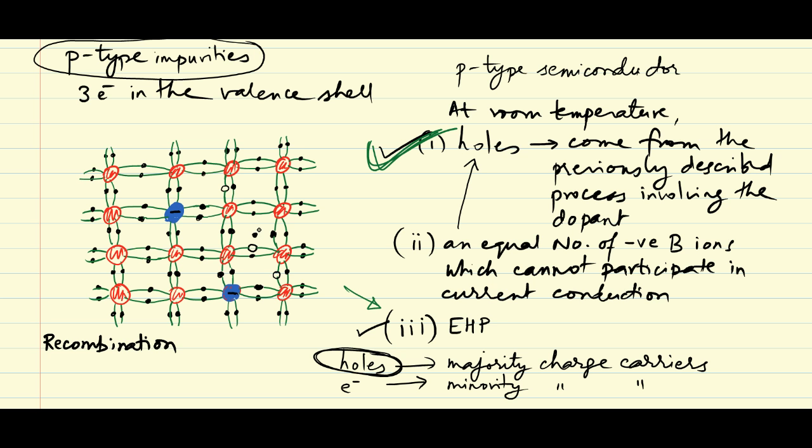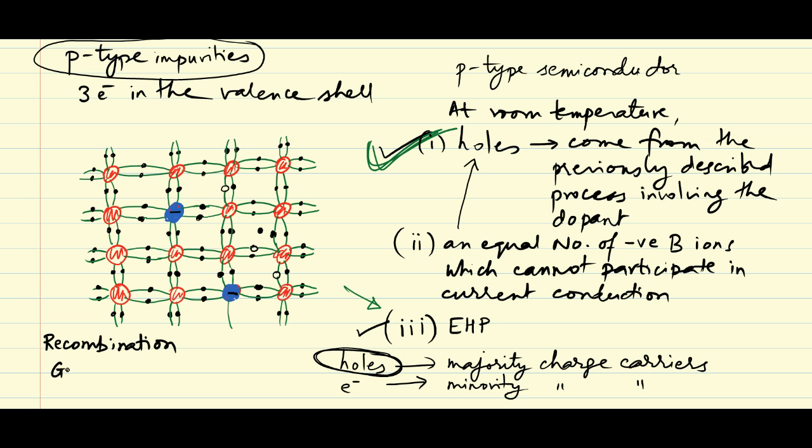So for example, let's imagine that this free electron comes in the vicinity of some hole over here, so it just fits into that place, and now you have lost one mobile electron and one mobile hole. So that's called recombination, and this recombination process occurs simultaneously with the thermal generation of electron hole pairs, which we described earlier, the process by which this electron goes out into the lattice as a free electron and leaves behind a hole in its place.